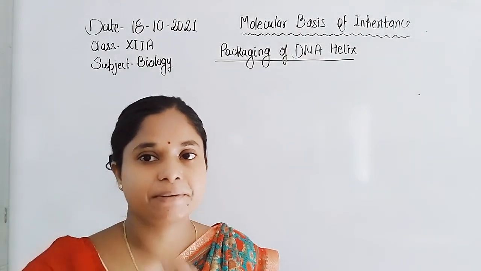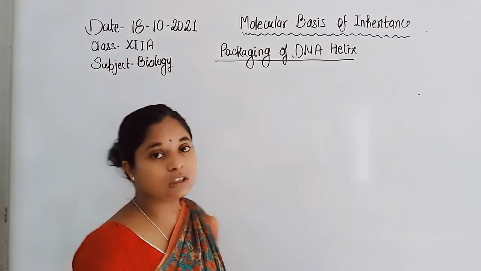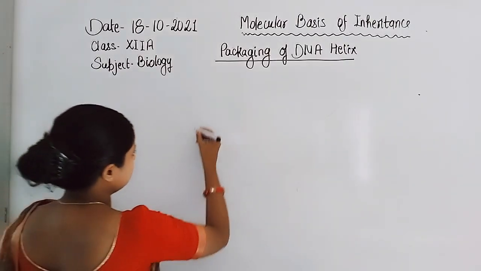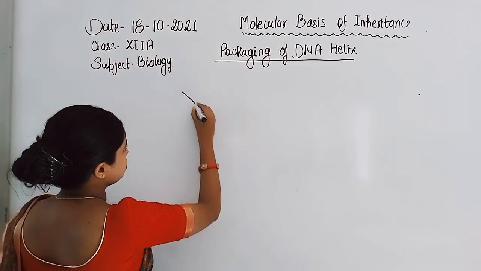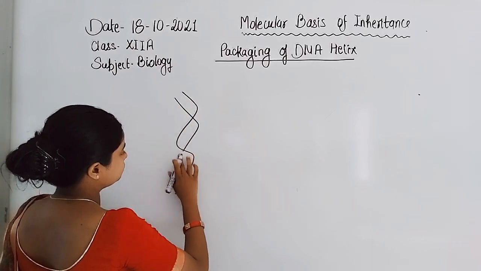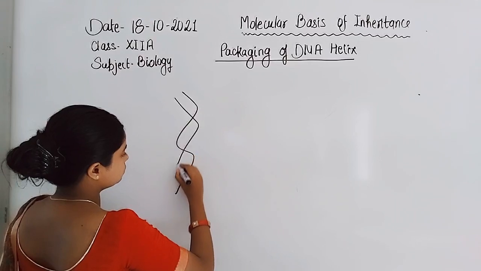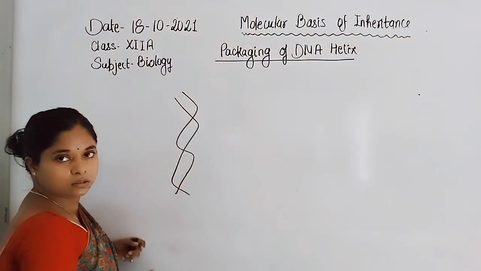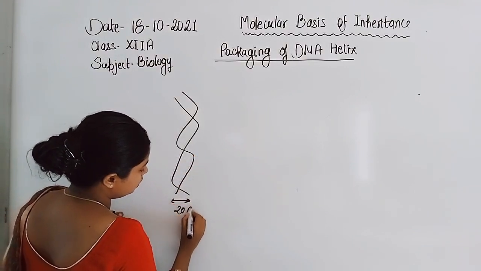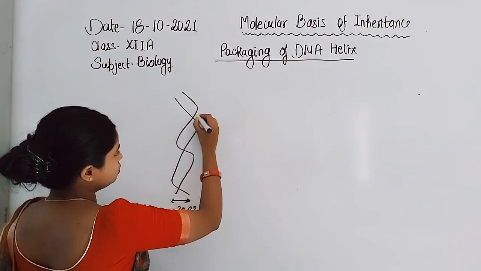Now, let us discuss the packaging of DNA. First, we discuss the diameter of DNA, or the structure of DNA. Then we pack that DNA. So here the diameter is about 20 angstrom.